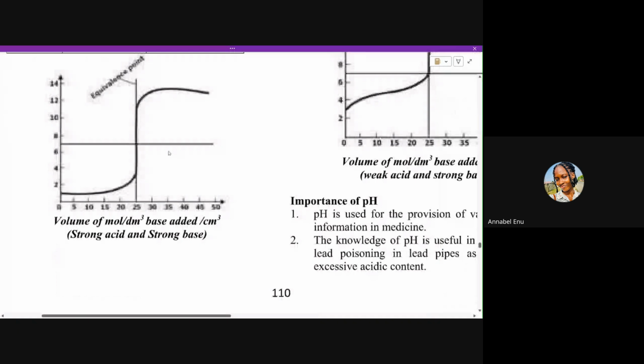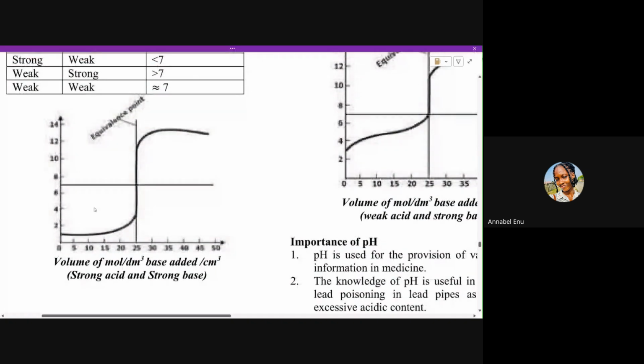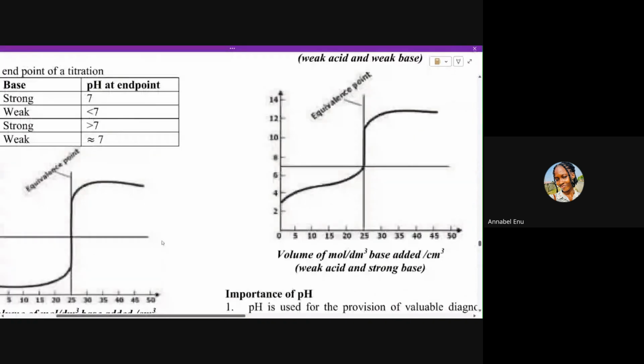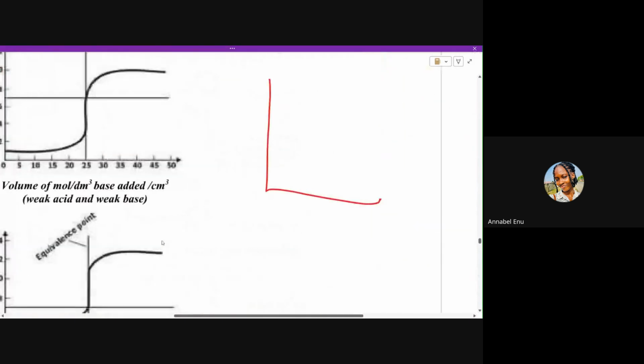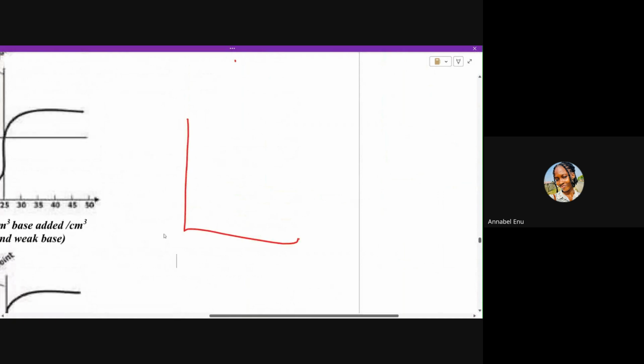And in a pH graph, we have the volume of the acid or the base against the pH scale. So this axis is usually talking about our pH range, and this bottom axis is maybe our base or our acid or whatever we are really considering.